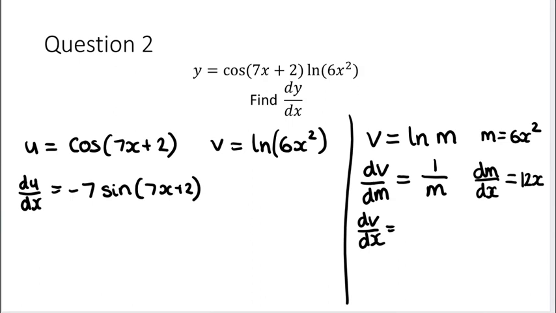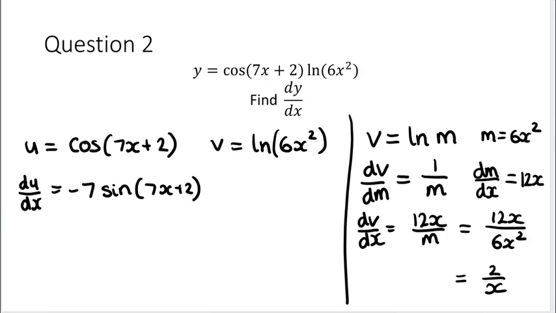The dm's would cancel. So that's 12x over m, which becomes 12x over 6x squared, because I let m be 6x squared. Just simplifying that, that becomes 2 over x.